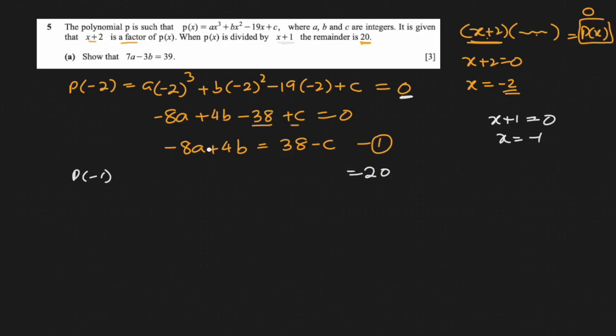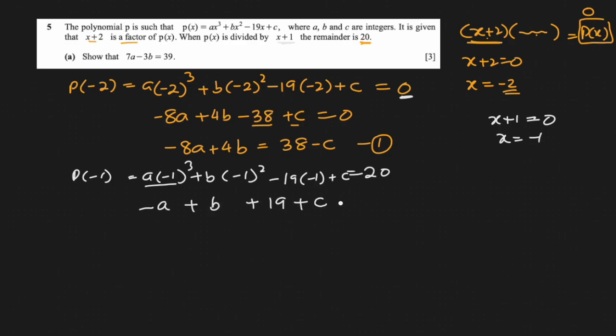That's what the remainder theorem says. So I will write a times minus 1 cubed plus b times minus 1 squared minus 19 times minus 1 plus c is equal to 20. So this becomes minus a plus b plus 19 plus c.